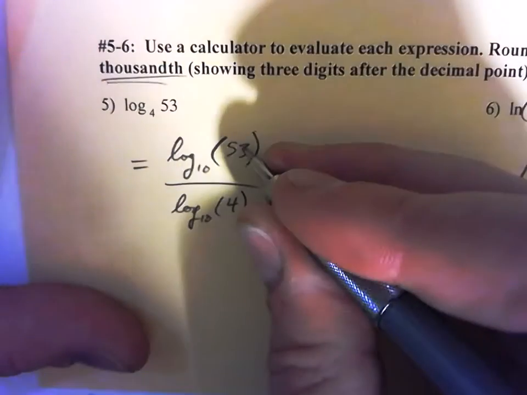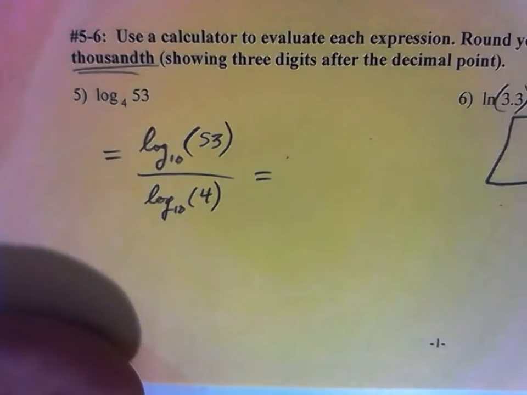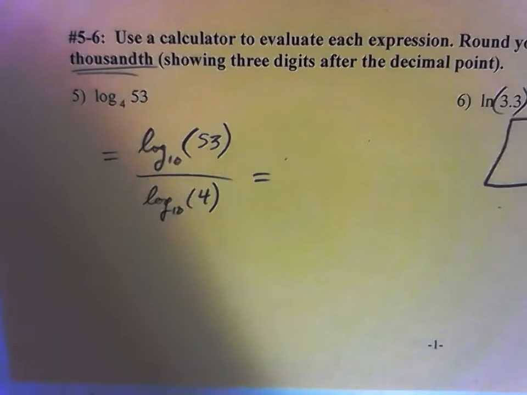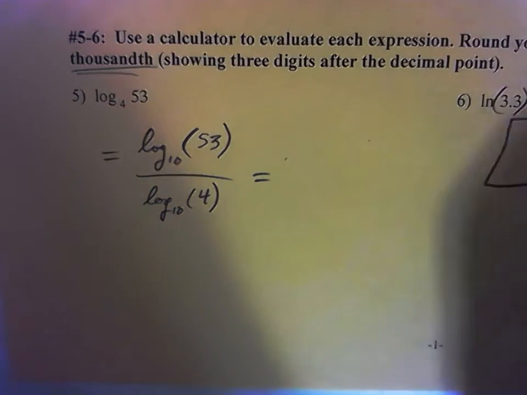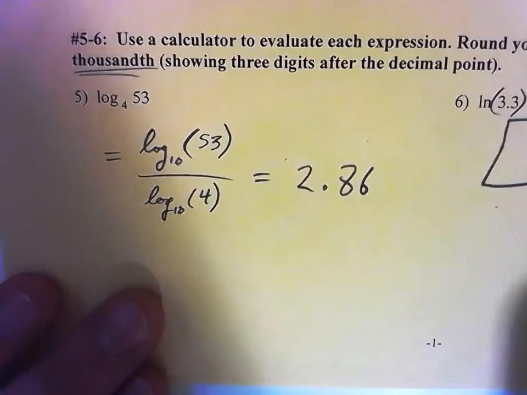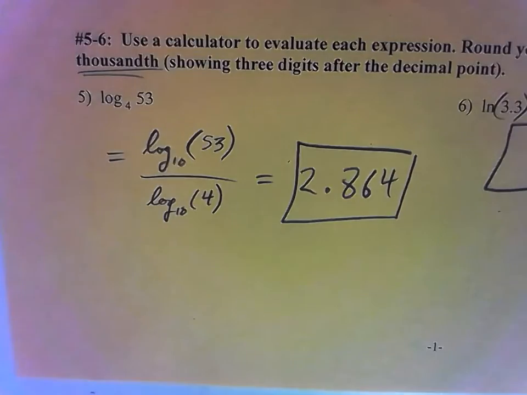You just had to know that from our assignments or from your flip chart notes. And type in your calculator, log button, 53, close parentheses, divided by log button, 4, close parentheses, equals 2.86. Again, it's a 39, so I'm going to round it up to a 4. There you go.